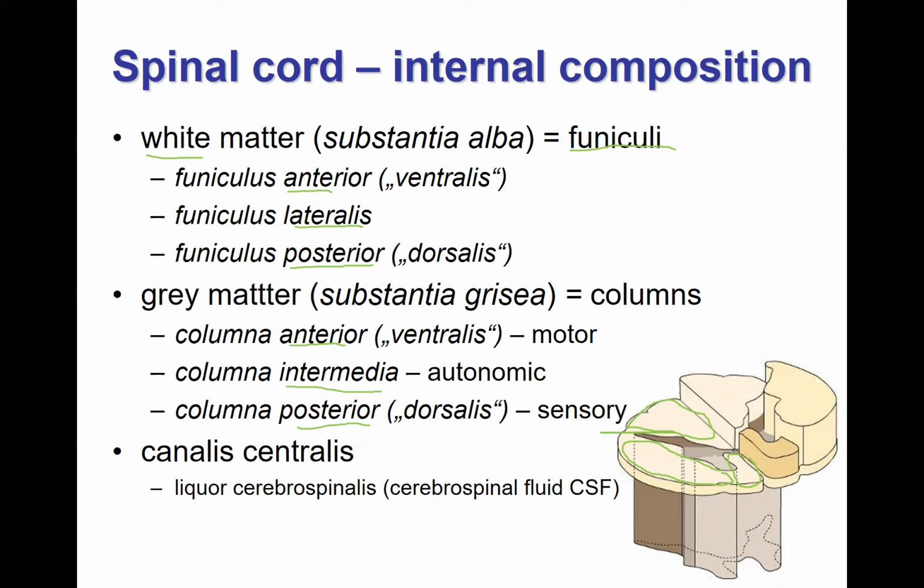So you have the anterior here, the posterior here, and in between is the intermediate. Because it's in between, it's called intermediate, not lateral. And a column, you can see how the column looks. And the last structure in the midline is the central canal.